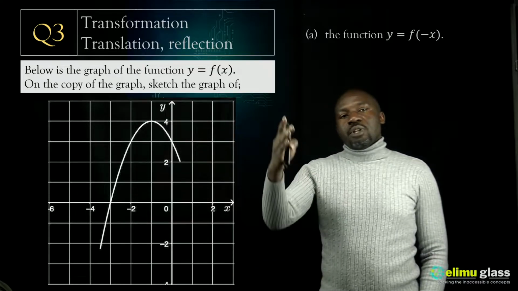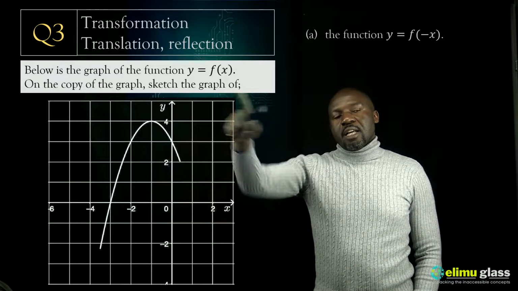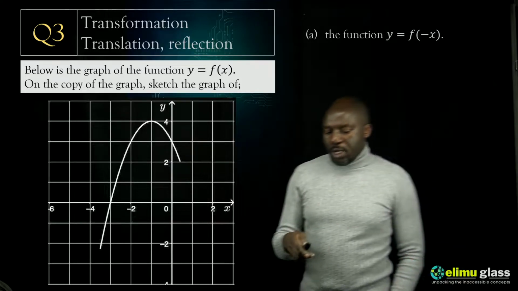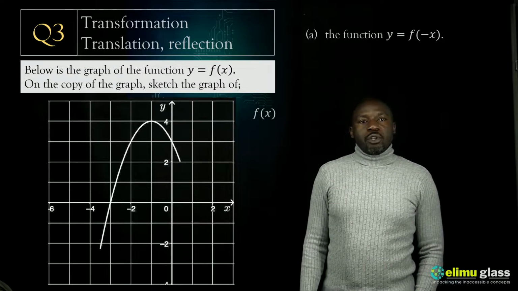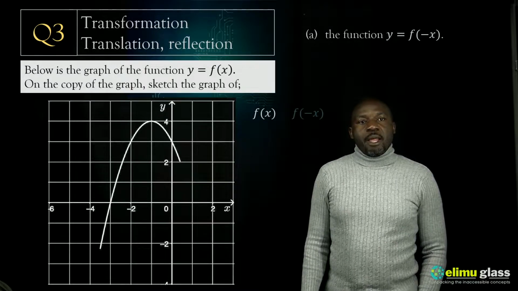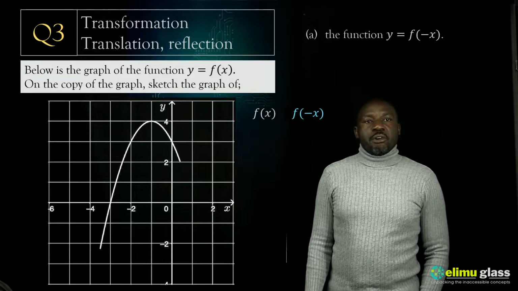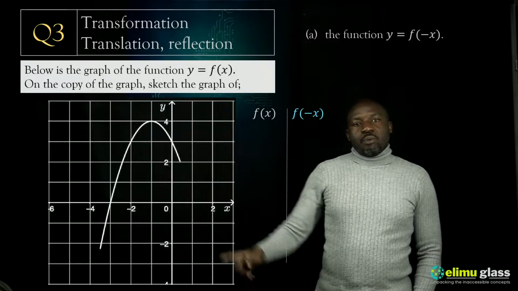So we set up ordered pairs, x and y coordinates, for f of x, and we do the same for the transformed function, f of minus x.